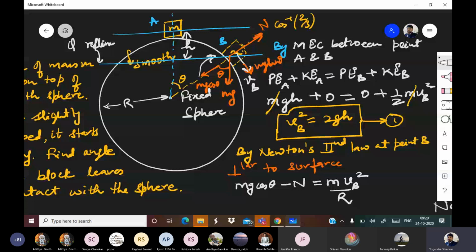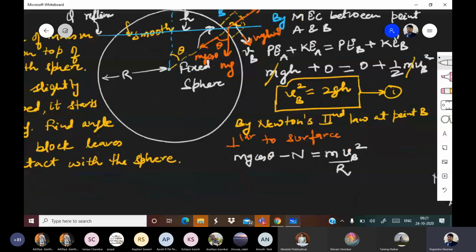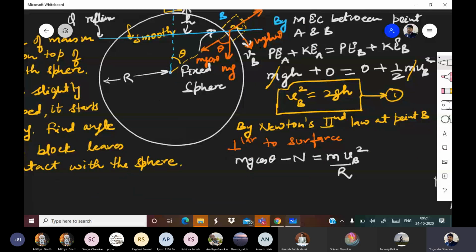Okay. So what I was telling you, mg cos theta is acting towards the center. N is acting away from the center. That's why I am writing mg cos theta minus N. And these two forces will be providing necessary centripetal force, which will be m vb square by r. Correct? Now pay attention. As the object is losing the contact, okay, this is a very important line.